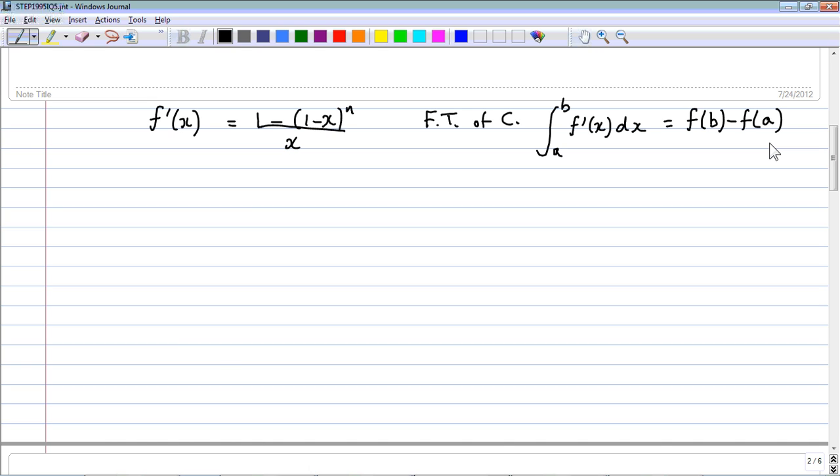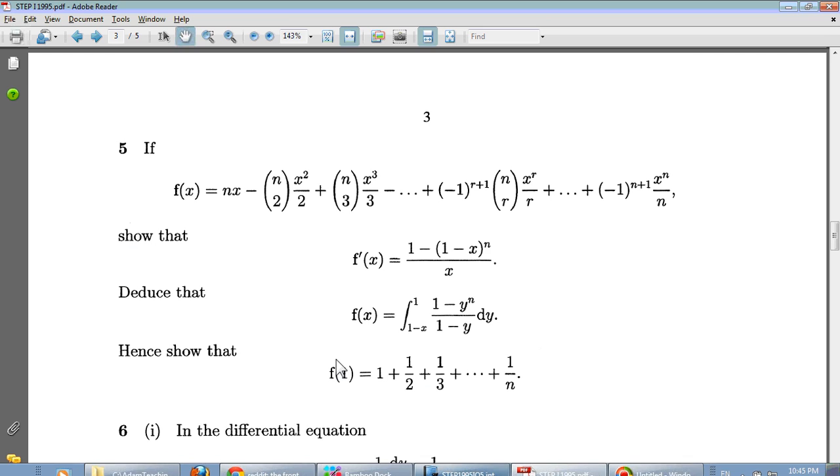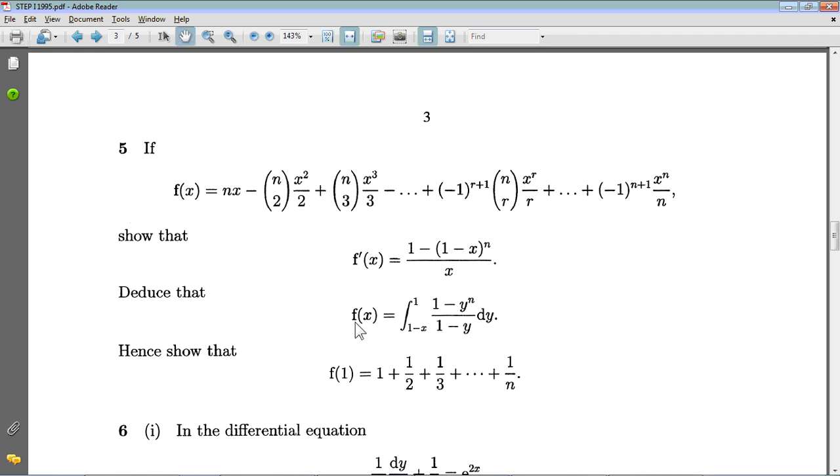So assuming you know that, you can apply that idea to this question, can't you? The question is asking us to give a different expression for f(x), and we're to deduce it, which means we're to use the formula that we've just derived. So let's simply integrate the derivative and apply the fundamental theorem of calculus.